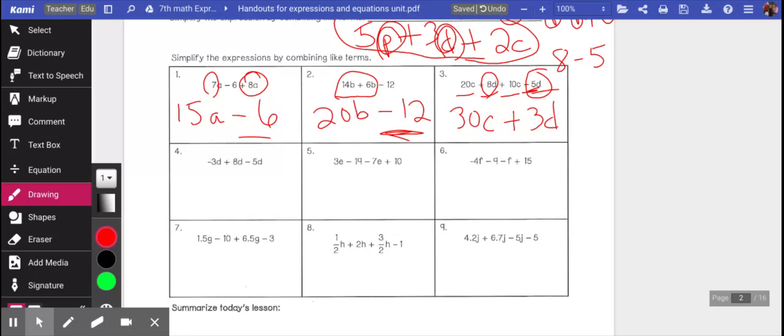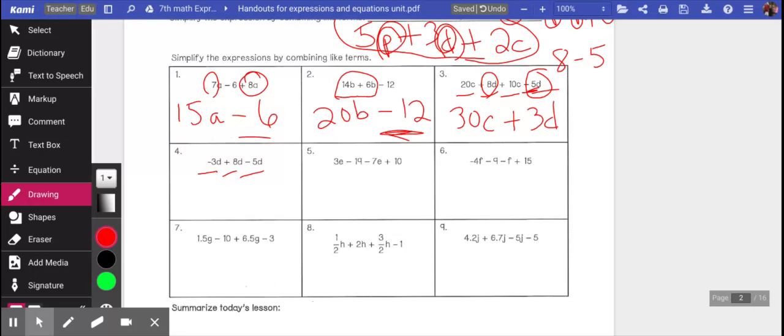And again, you can pause these if you want to try them on your own without me doing them. Okay, number 4. And if you want to go from left to right, if you're going to put this in your calculator, really all you do is do negative 3 in your calculator plus 8 minus 5.